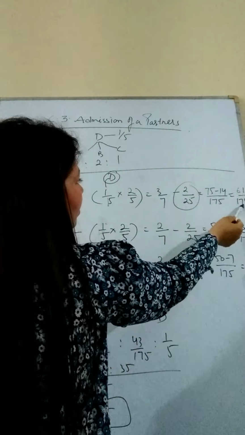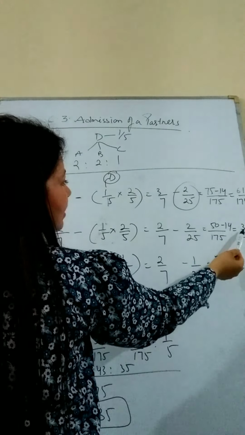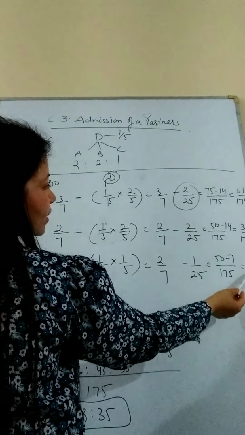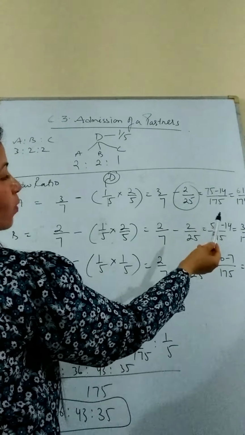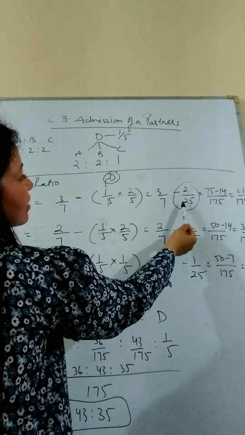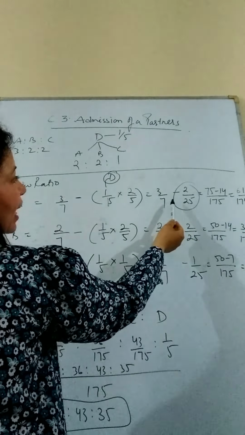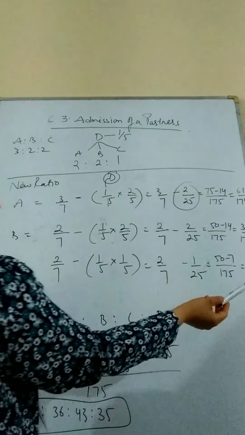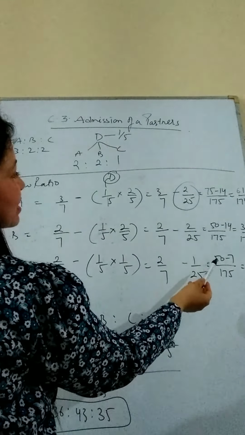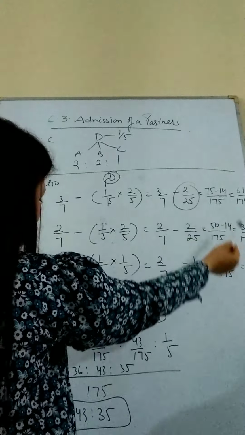Then we have 61 by 175, then we have 36 by 175 and 43 by 175. How do we get it? We get it as 7 and 25 LCM is 175, and then we have to solve it as we do in mathematics fractional sums, then we get all these ratios.